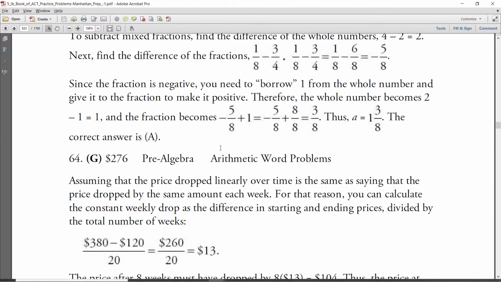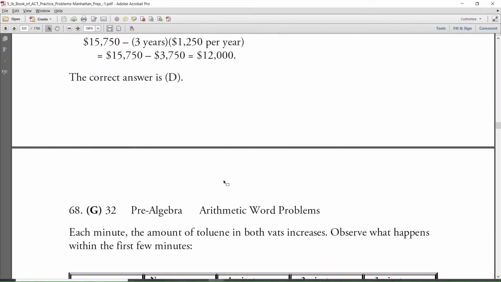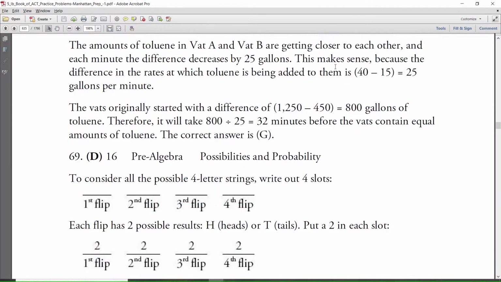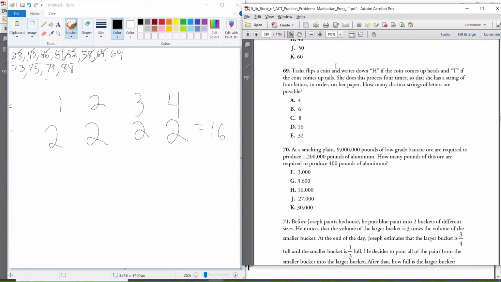So let's check out the answer. 16. That's it. So 16, we got it. And oh, I forgot to put the letter down, which is D. I'm always just double checking to make sure we got the correct answer because order doesn't matter there. If order mattered, they said order mattered, we have to double it, and it would be 32 possibilities.